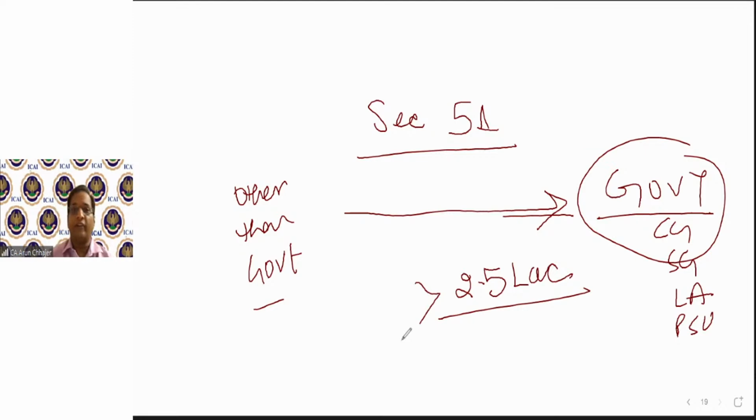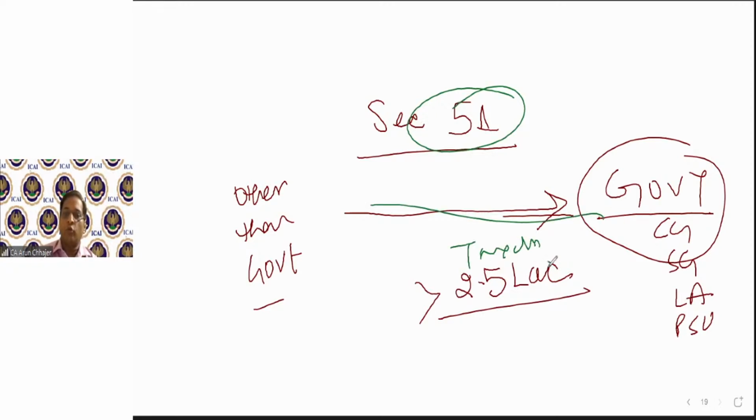Then section 51 says that if the value of the taxable supply is more than 2.5 lakh, then the government has to take the registration under the TDS category.